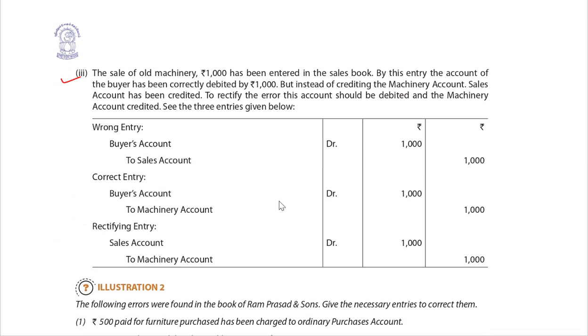The third case: the sale of old machinery 1000 has been entered in the sales book. My dear students, in the sales book we record credit sale of inventory. We do not record sale of machinery. Why? Because it is a non-current asset.